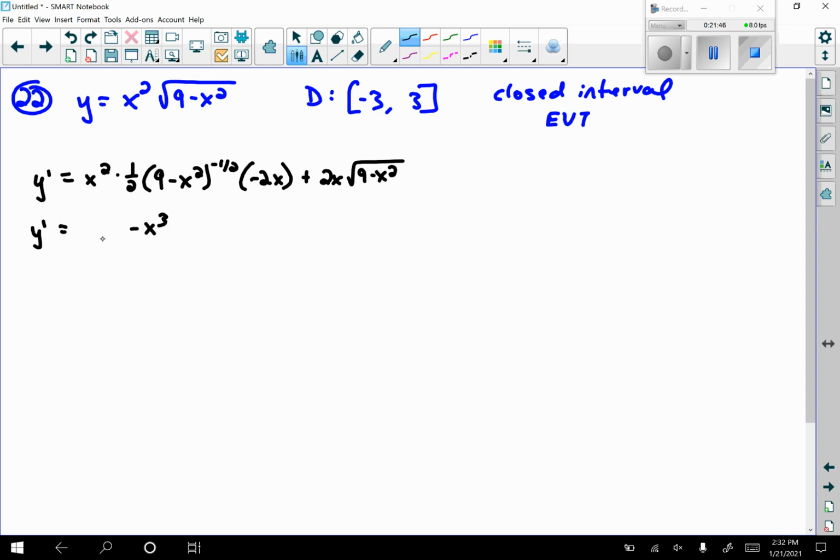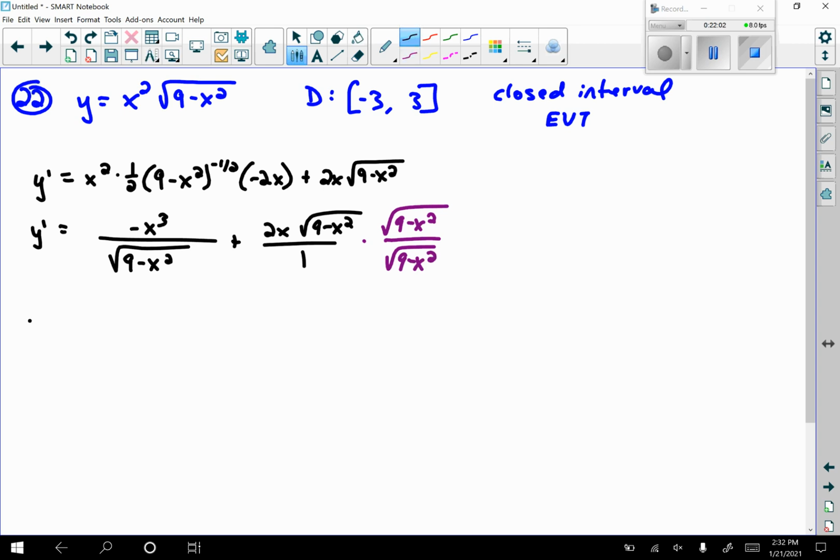The 2's are going to divide out over the square root of 9 minus x squared, and then plus 2x times this quantity. We could say over 1, so to get common denominators, let's multiply this by the square root of 9 minus x squared. So now we're going to get negative x cubed plus 2x times the quantity 9 minus x squared, all over the square root of 9 minus x squared.